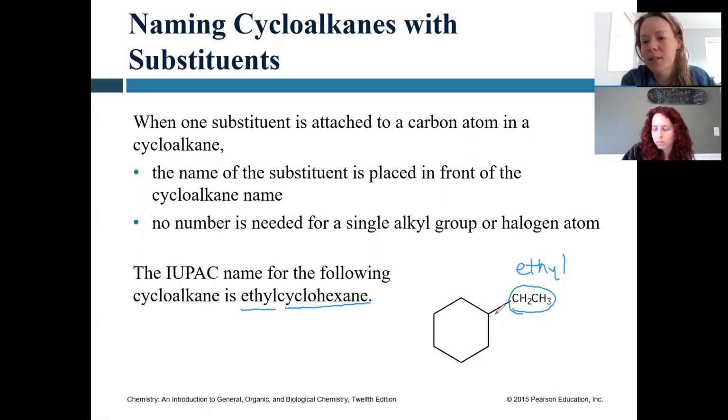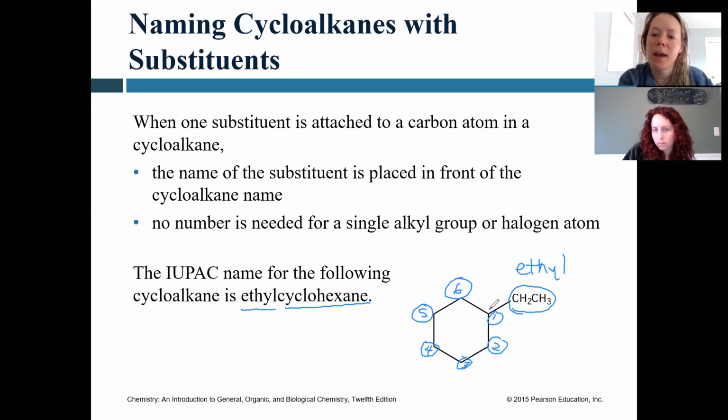So we would always denote this as 1 and then in either direction 2, 3, carbon 4, 5, and 6. This always just ends up getting placed on carbon 1. Even if it's drawn in a way where the ethyl is not in the up position, we still consider that carbon 1. It just makes it faster for writing.